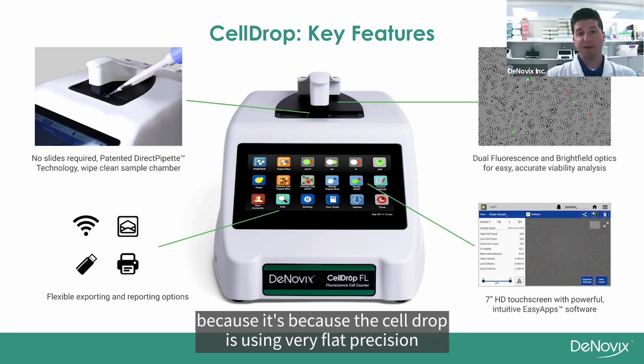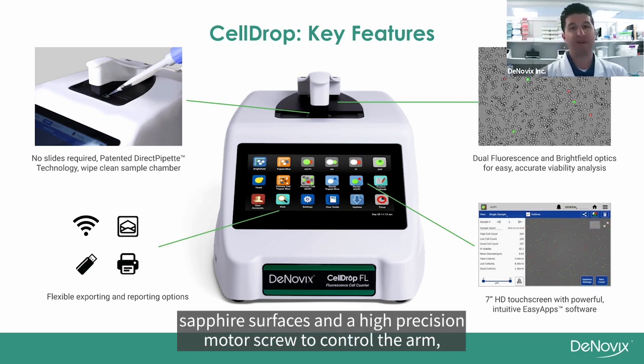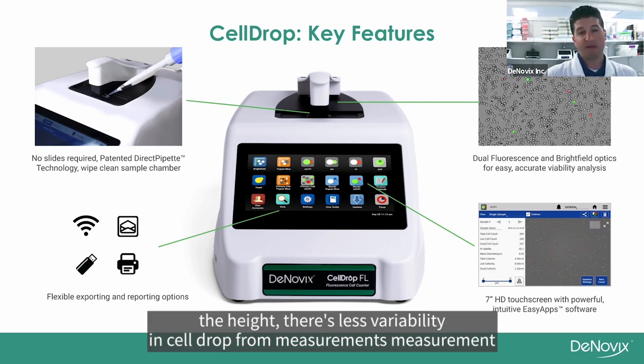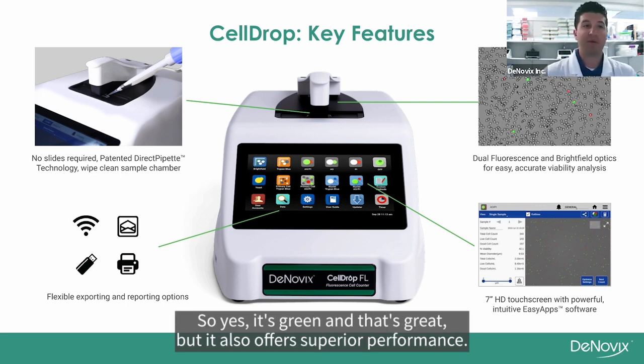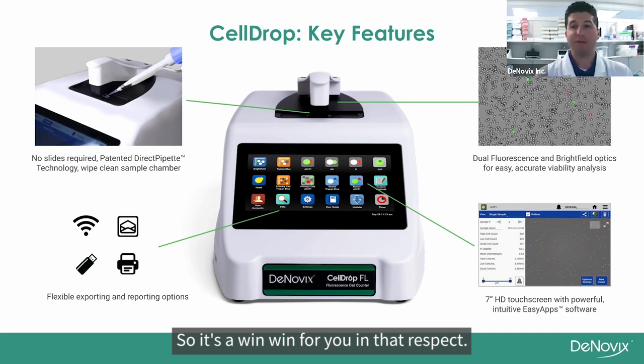Because the Celldrop is using very flat precision sapphire surfaces and a high precision motor screw to control the arm, the height, there's less variability in Celldrop from measurement to measurement than you see with a traditional plastic slide or a hemocytometer. So yes, it's green and that's great, but it also offers superior performance. So it's a win-win for you in that respect.